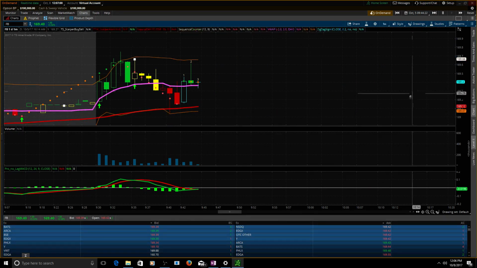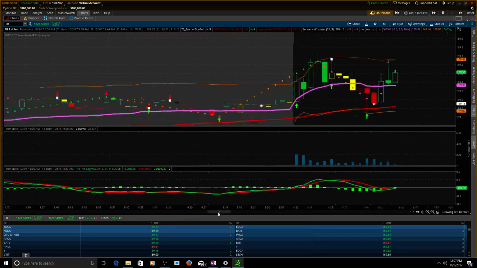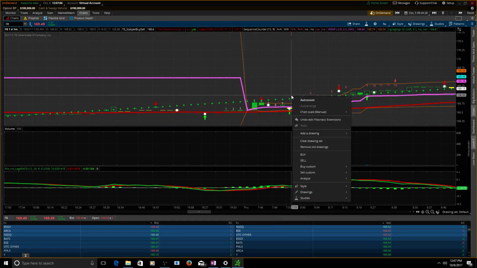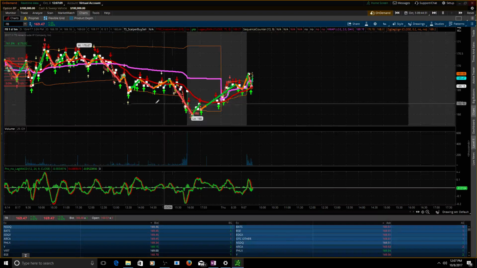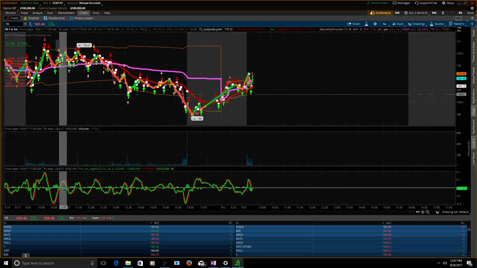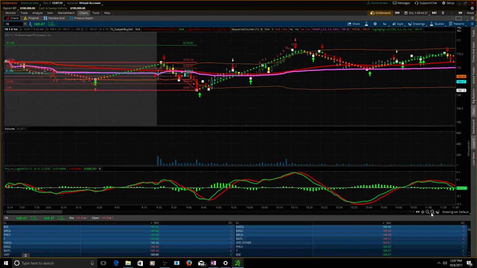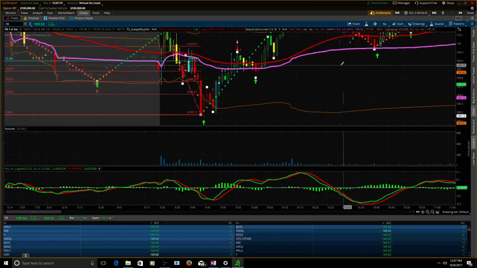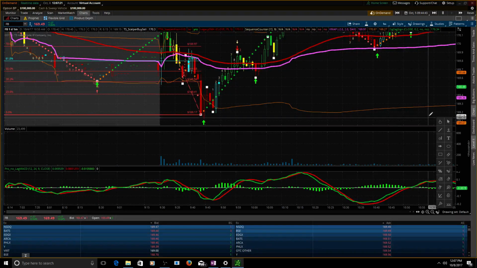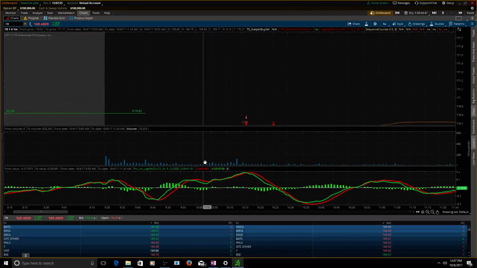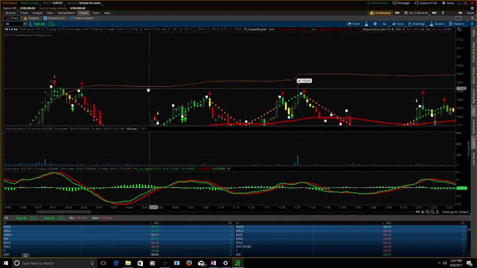So, with all that being said, let me try to draw my Fibonacci's. I thought I drew Fibonacci's. So with these Fibonacci's, it said we would hit 170.82.